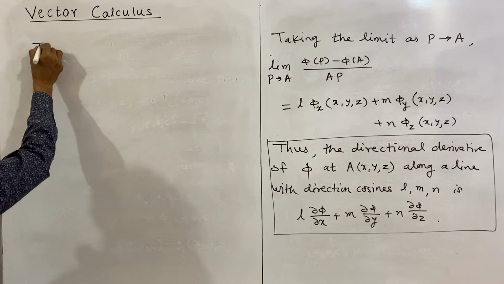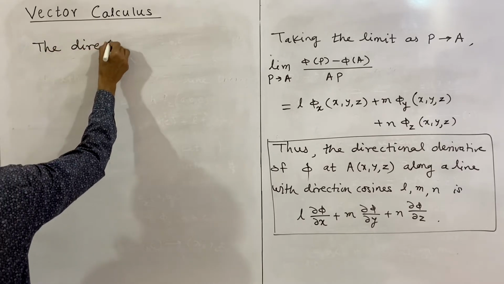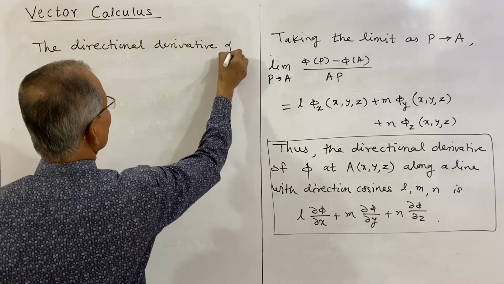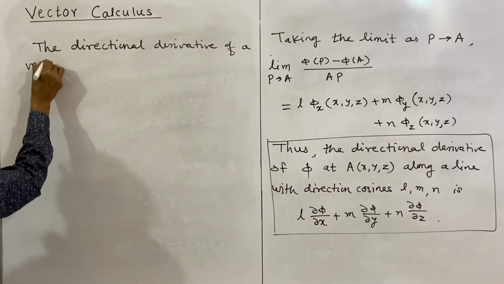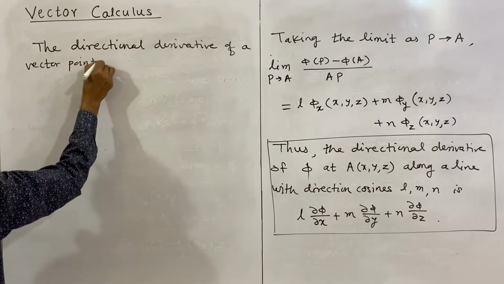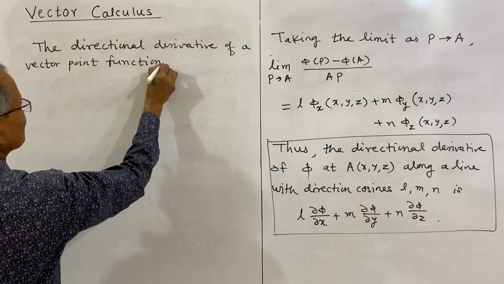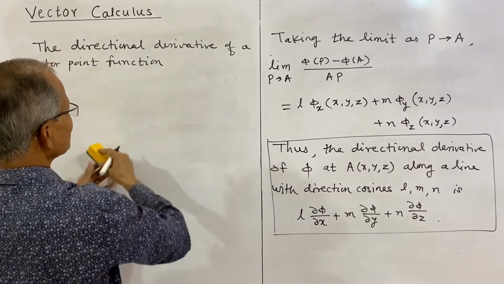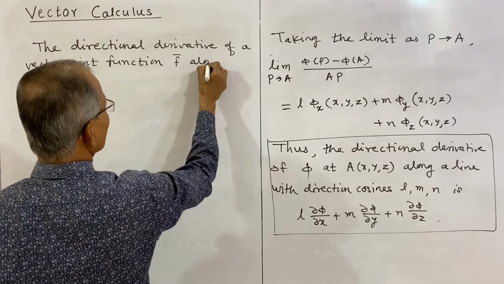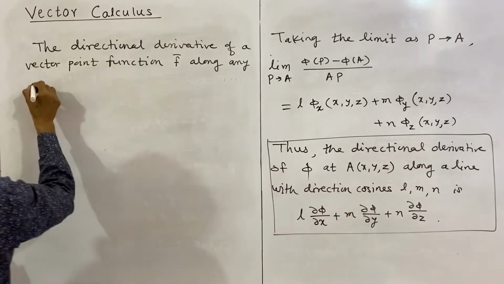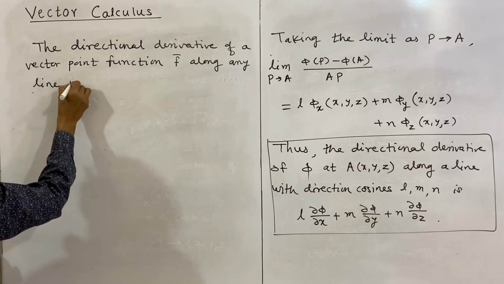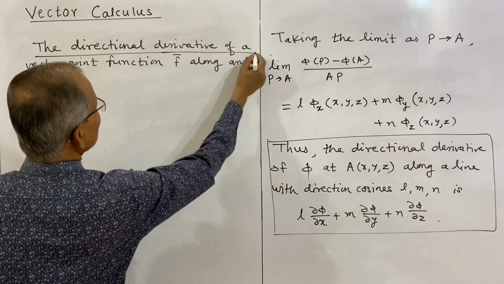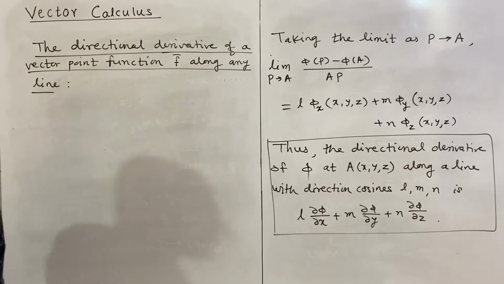The directional derivative of a vector point function, which we shall denote by f bar, along any line with direction cosines l, m, n. So we shall start with the same semi-line having direction cosines.